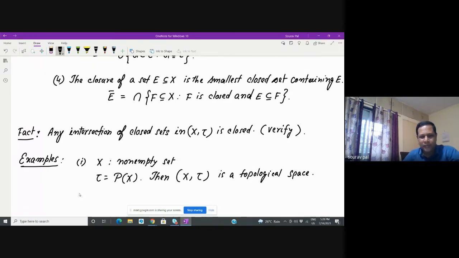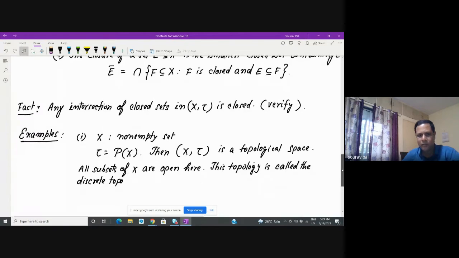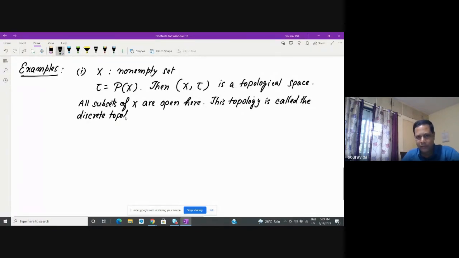So all subsets of X are open here. This topology is called the discrete topology on X. You can form a discrete topology on any non-empty set.